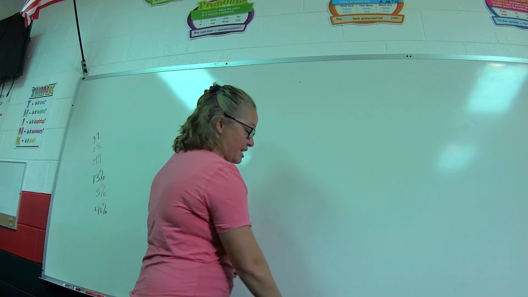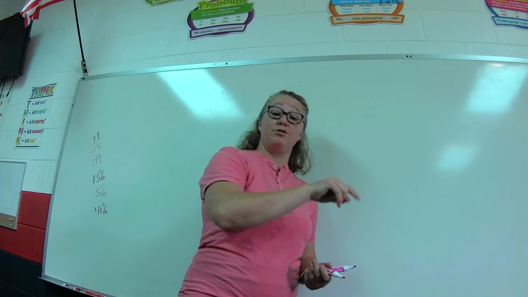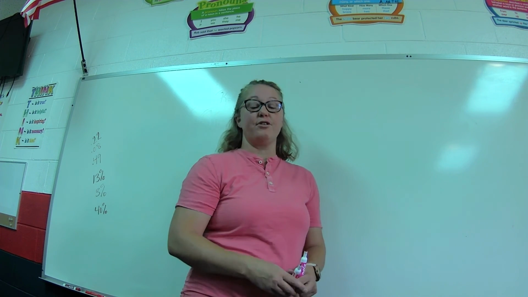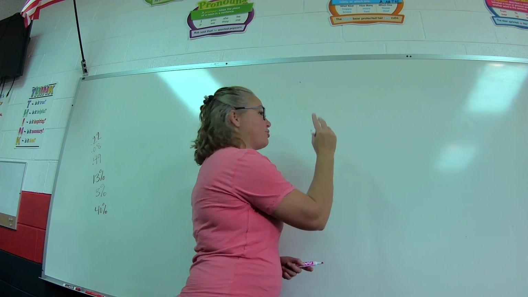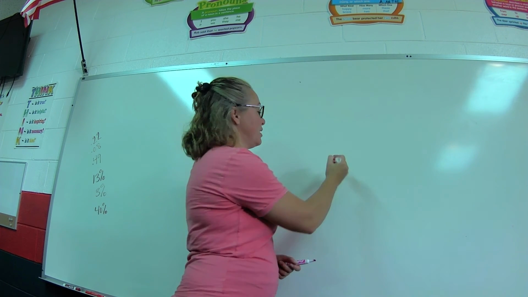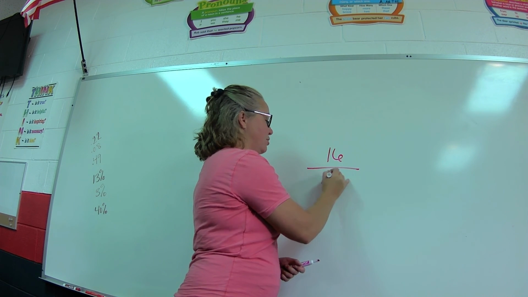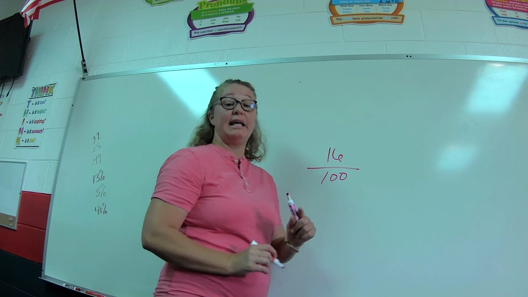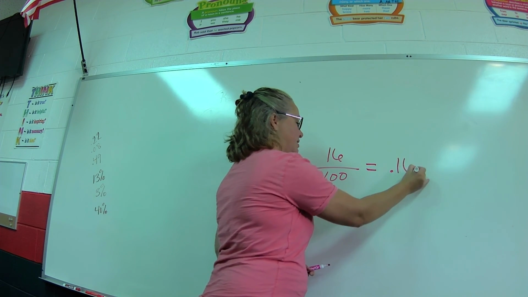All right. So again, let's just remember we can go from decimal to percent. We can go percent to decimal. We can take a decimal and go to a fraction, then to a percent. We can take a fraction and go to decimal and percent. There are all different things for you to do. Just remember the rules. Let's try two that start with a fraction. 16/100ths. Let's put it in a decimal first, 0.16.